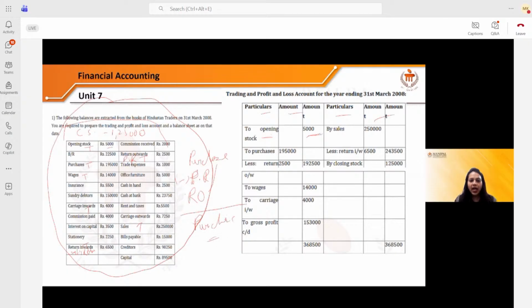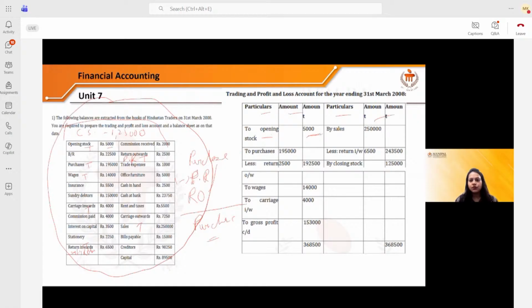In that question, the purchase return is given. Purchase is 1,95,000 and purchase return is 2,500. So you will have to deduct 2,500 from 1,95,000.